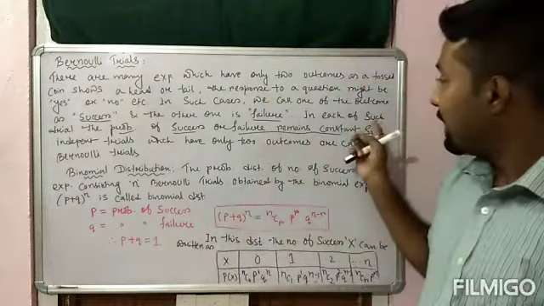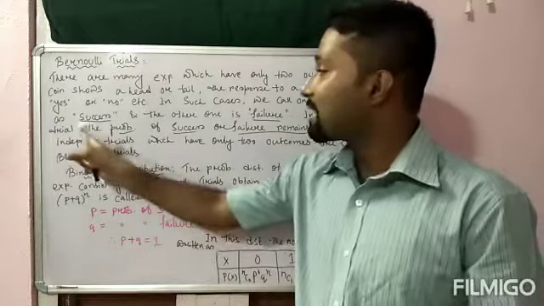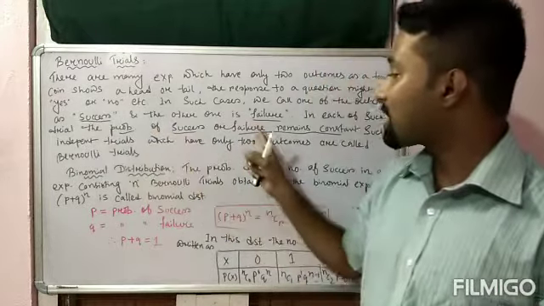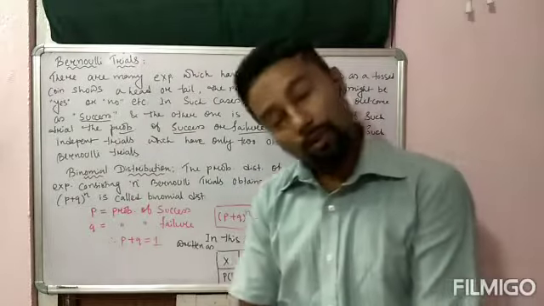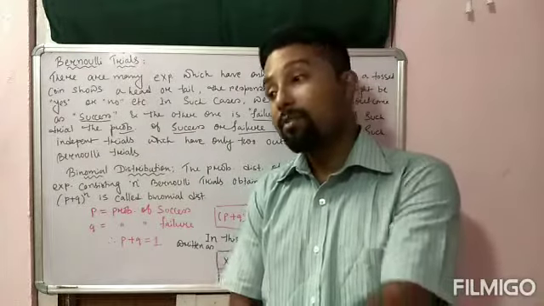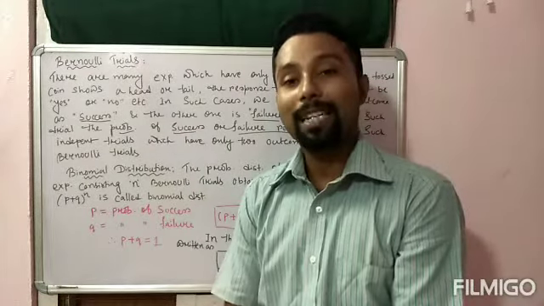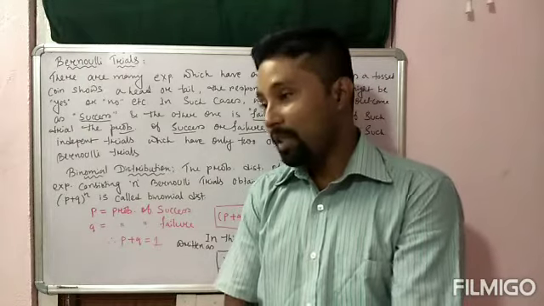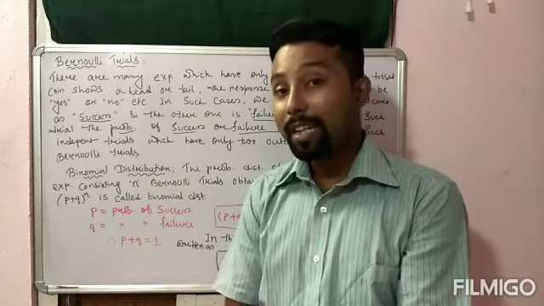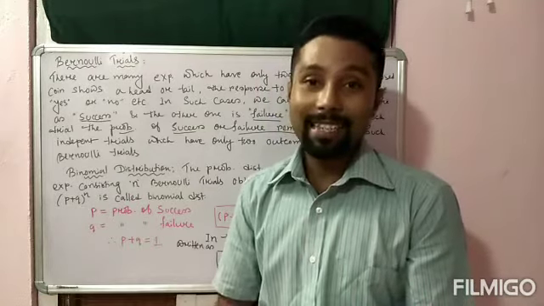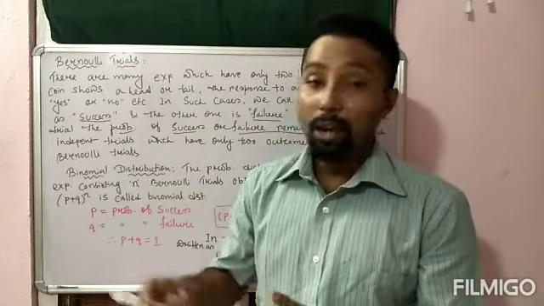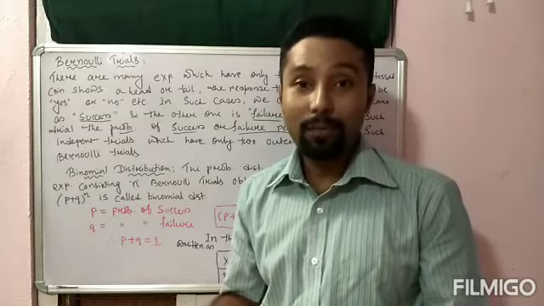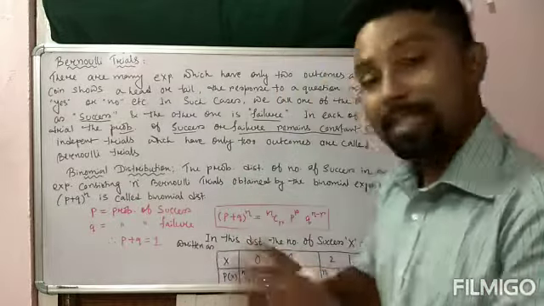So in each such case, the probability of success or failure always remains constant. Suppose you throw a die and you are expecting even numbers to come. The probability of getting an even number is 3/6, that is 1/2. The probability of getting an odd number is also 3/6, that is 1/2. So it is always constant.